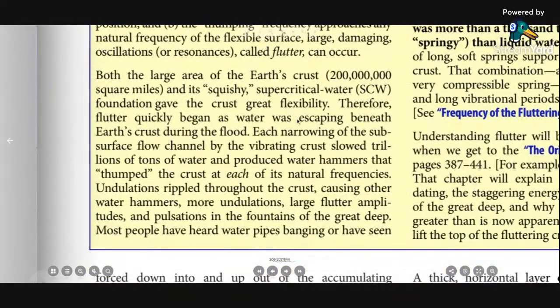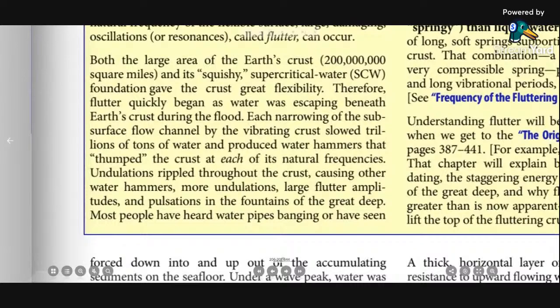Both the area of the Earth's crust, 200 million square miles, and its squishy supercritical water foundation gave the crust great flexibility. Therefore, flutter quickly began as water was escaping beneath Earth's crust during the flood. Each narrowing of the subsurface flow channel by the vibrating crust slowed trillions of tons of water and produced water hammers that thumped the crust at each of its natural frequencies.